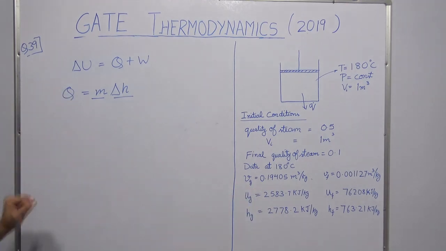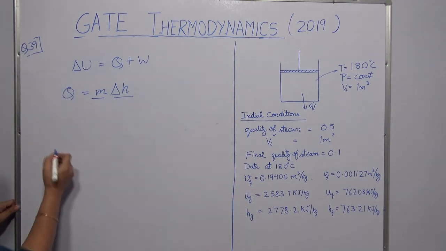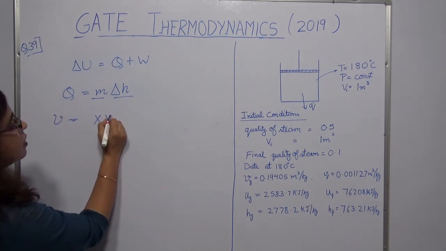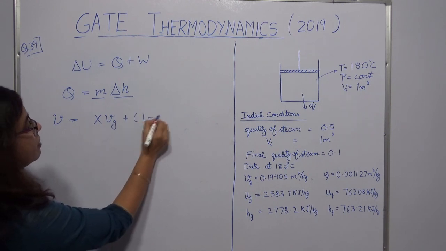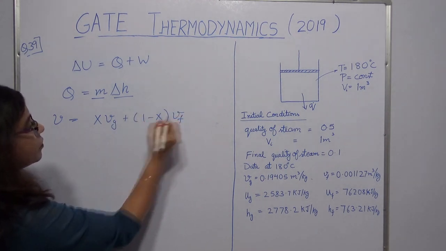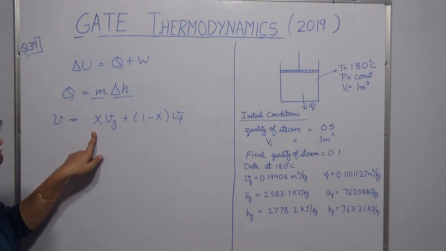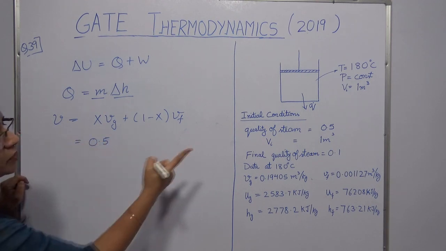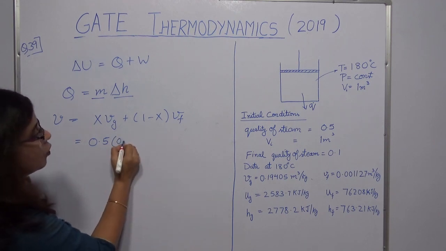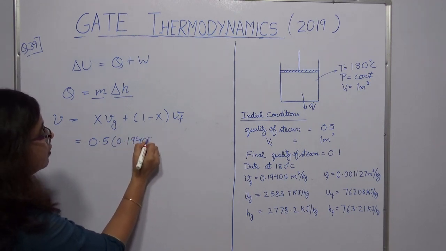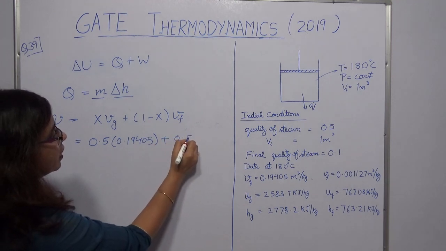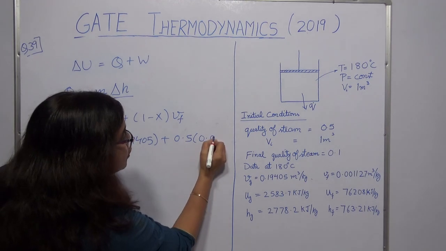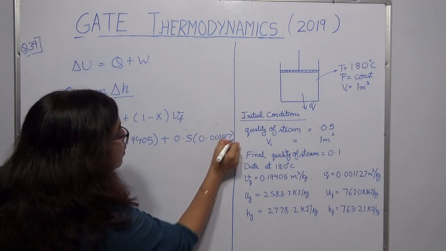So initially your quality of steam is 0.5. So what will be the V, that is equal to X times Vg plus 1 minus X times Vf, okay. Now X initially is 0.5, so it is 0.5 times 0.19405 plus 0.5, that is 1 minus X, times 0.001127, okay.